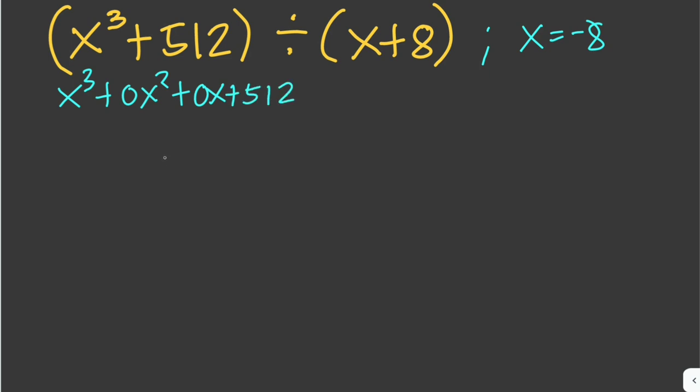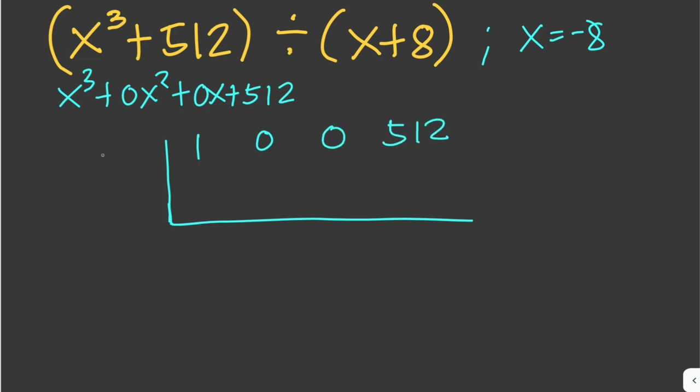So we can perform our synthetic division now. Our coefficients are 1, 0, 0, 512, and our zero is negative 8.